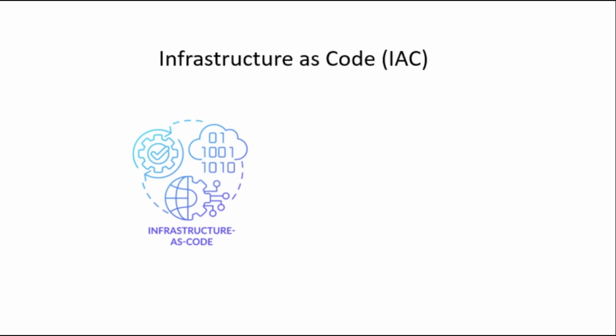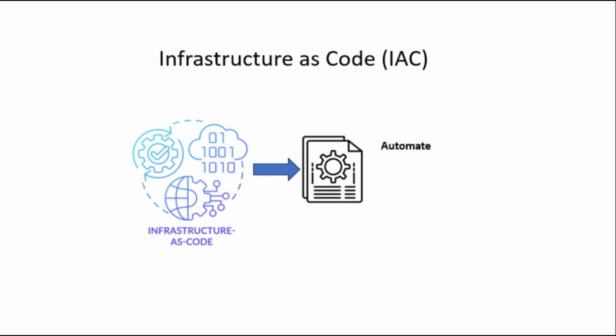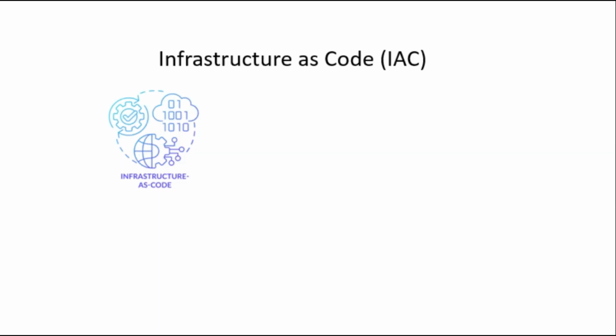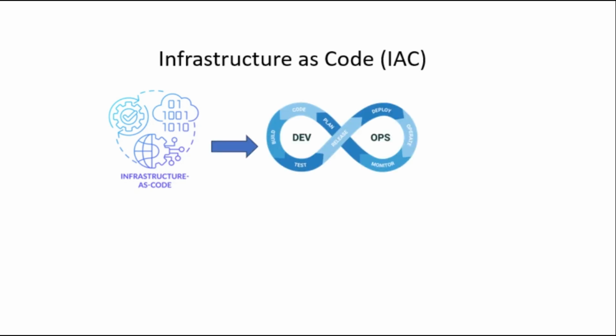Infrastructure as Code (IaC) is the process of managing and provisioning infrastructure using machine-readable configuration files, rather than through manual processes, to automate the setup, scaling, and management of servers, databases, networks, and other resources. IaC is a pillar of modern DevOps practices.